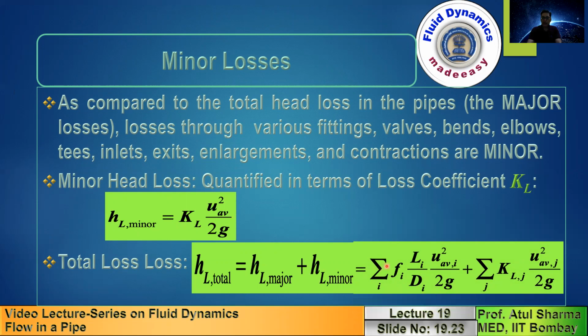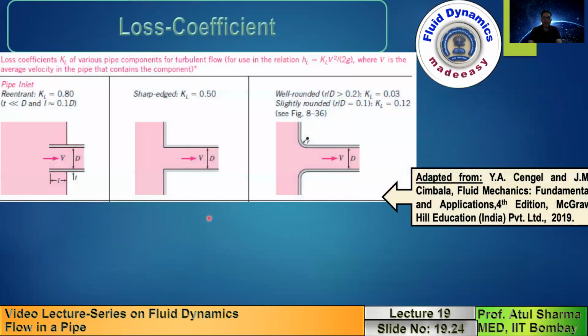For each of the I pipes, you can calculate the head loss by using this expression f L U square by 2 g D. I is the number of the pipes and J is the number of the fittings. For each fitting, you use the average velocity of the fluid in the corresponding pipe, divided by 2 g, and these are loss coefficients which have been obtained from experiment, which is presented here. This is the loss coefficient.